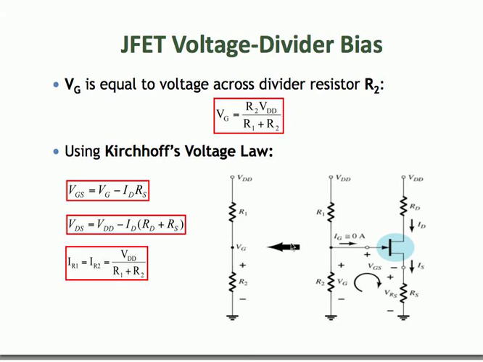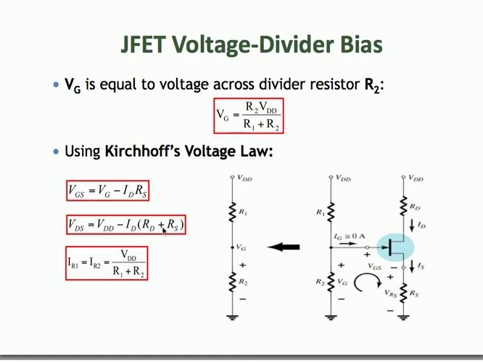Then doing the KVL across the drain-source loop, you will find that VDD minus ID RD minus VDS minus IS RS is equal to 0. You simplify that equation and you will get this equation right over here.